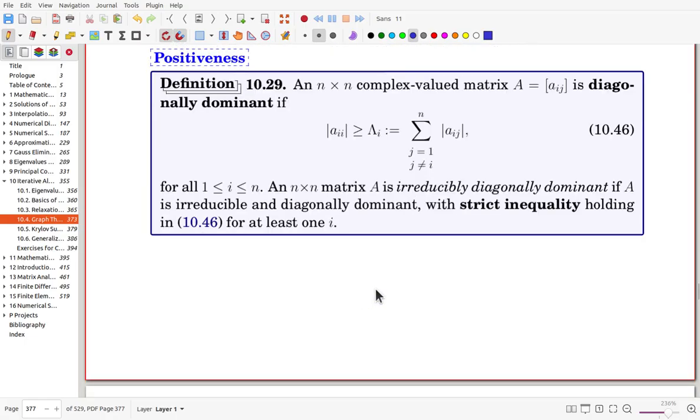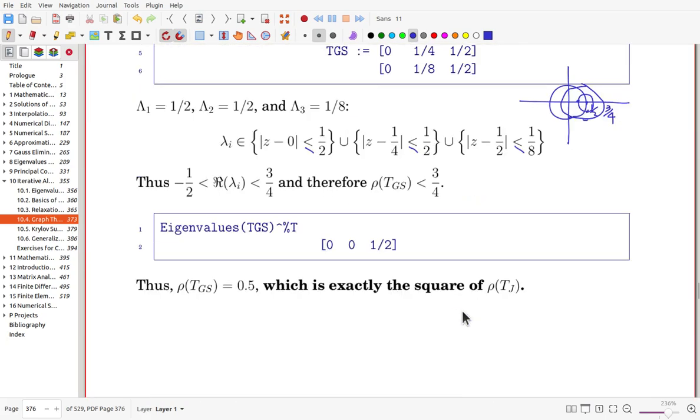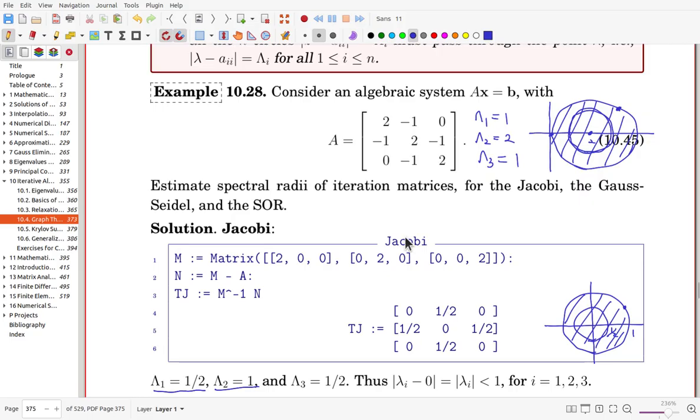Okay, let's see an example over there. The matrix we exemplified here. That one. Now, for every row, it's at least the summation of the off-diagonal entries. So it is diagonally dominant. And also it is irreducible.